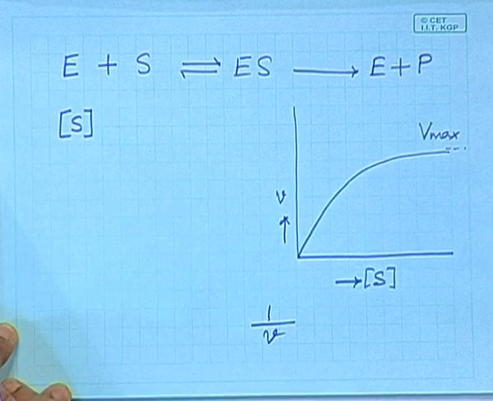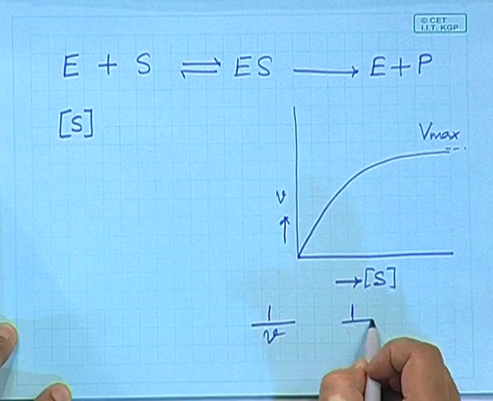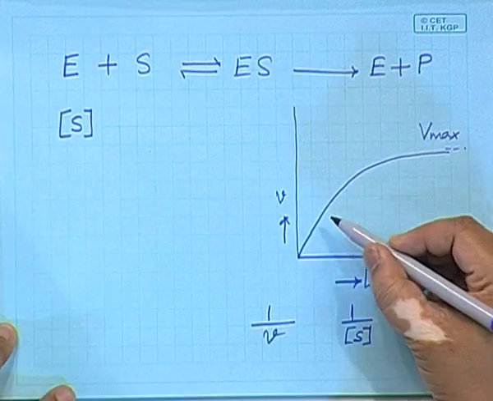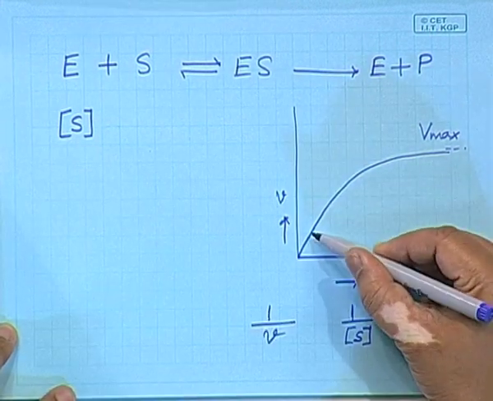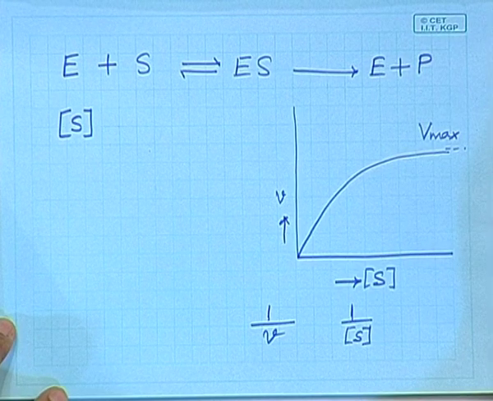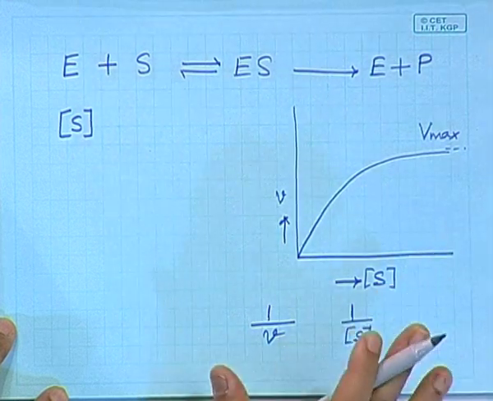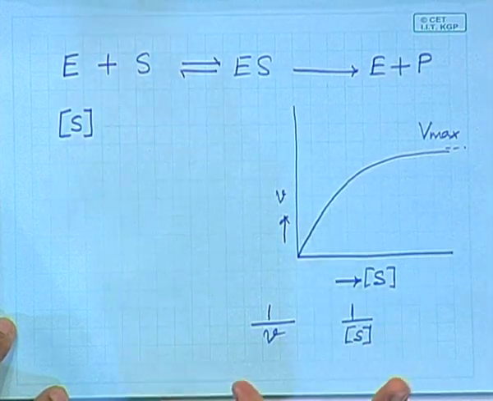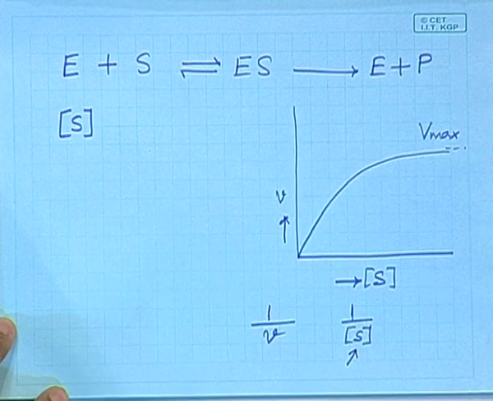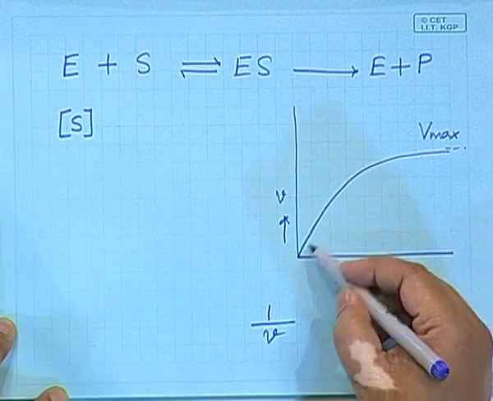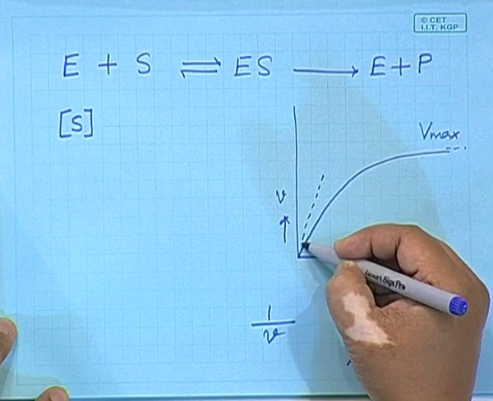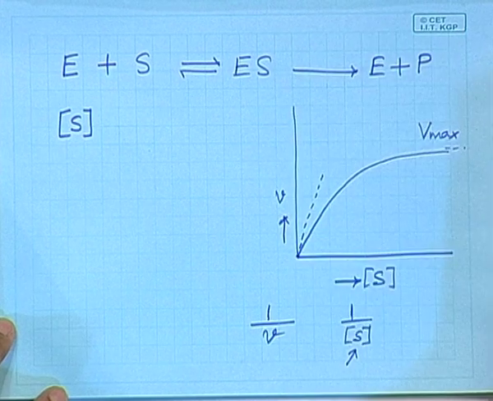Now, if I want to plot the Lineweaver-Burk plot, what do I need? I need 1 by V, I need 1 by S, right. Now, as I go beyond here, my reaction is no longer first order, it gradually becomes zero order. So, what I have to do is conduct this particular experiment for a number of substrate concentrations. Okay. So, this is for one substrate concentration where I will calculate what is called my initial velocity.